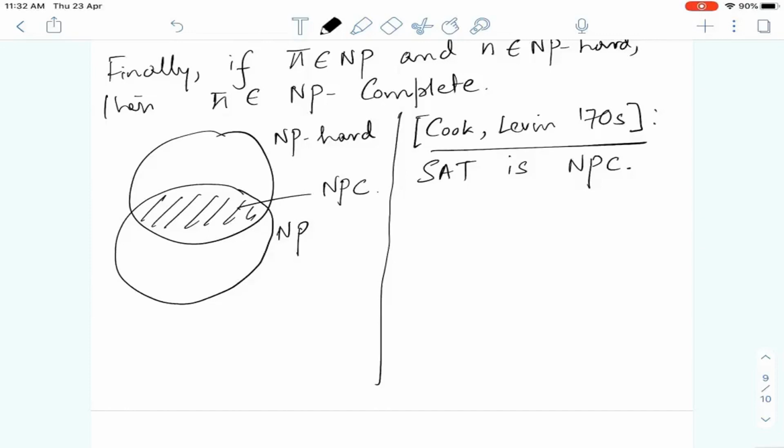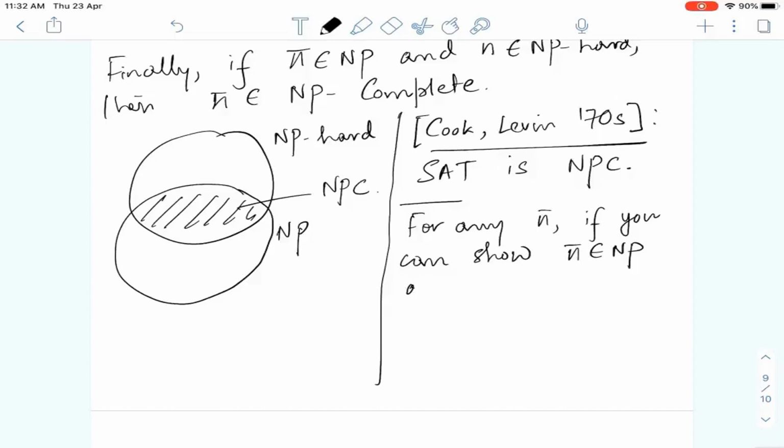So what I'm saying is, for any problem pi, if you can show pi belongs to NP and let's say SAT is reducible to pi, then pi belongs to NPC.